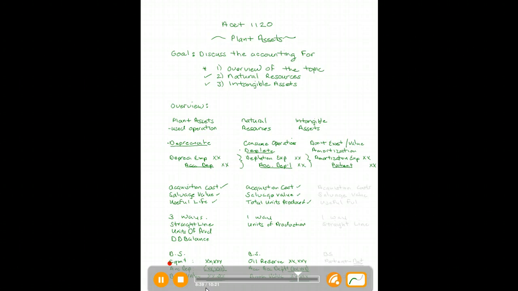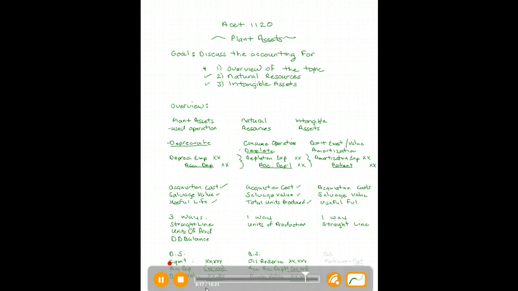Now everything we've talked about in acquisition costs applies. And they may or may not have a salvage value to us at the end of their useful life. And we also need to estimate what their useful life will be to us. We have one way of amortizing them off, and unless you can show a reason to use something else, generally accepted accounting principles suggest you use straight line amortization.